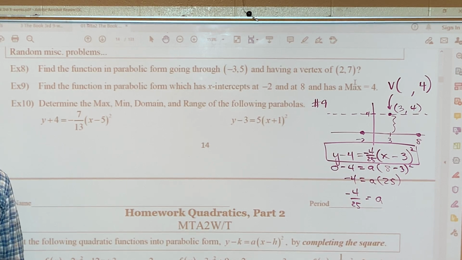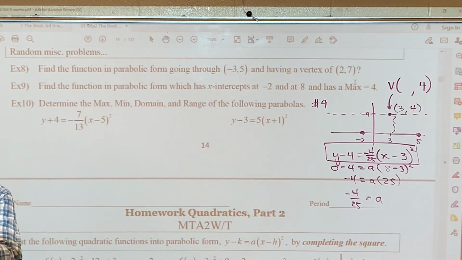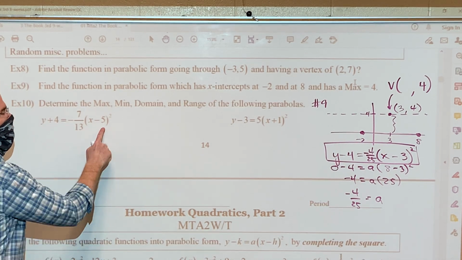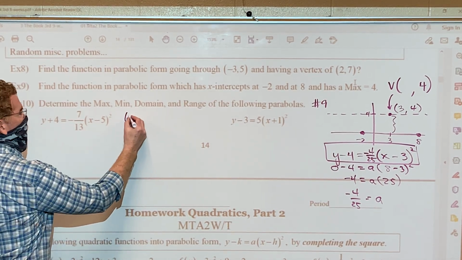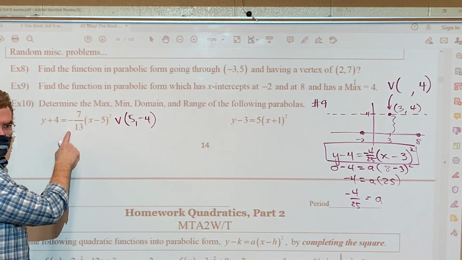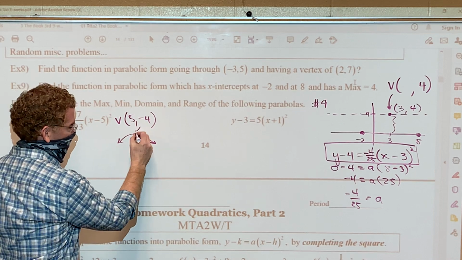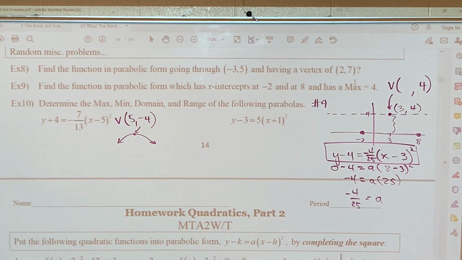Now, what do I need to know about max and min? It's the opening: the vertex's y value and which direction it's going, right? So I know the vertex is 5, -4, and the graph is going down on this first one. So that vertex right there, will this graph have a min?